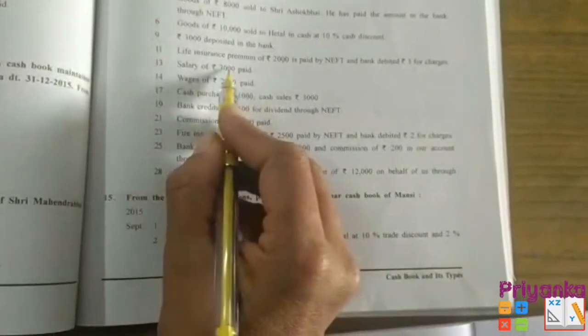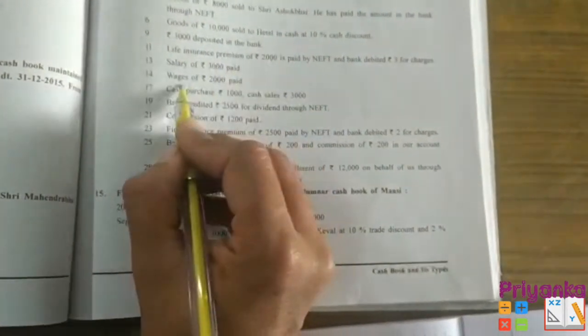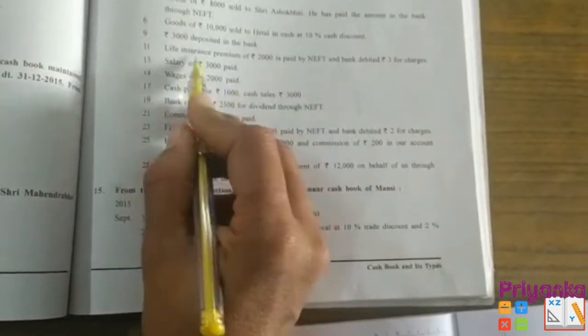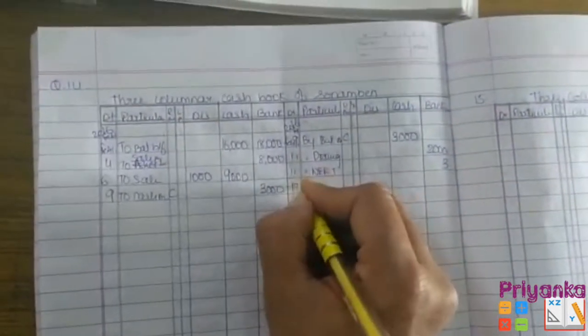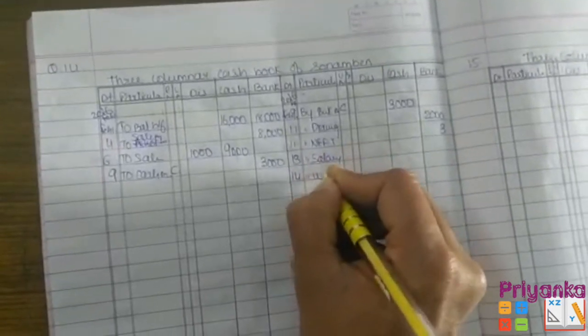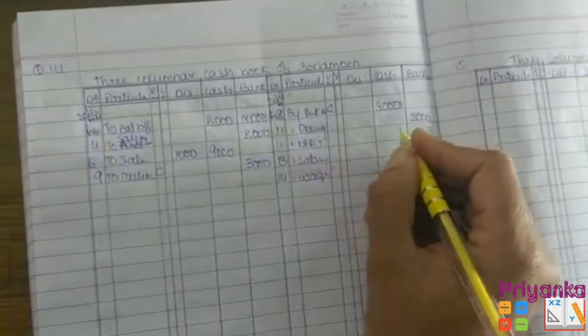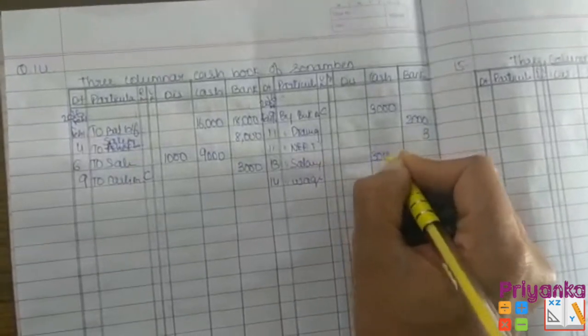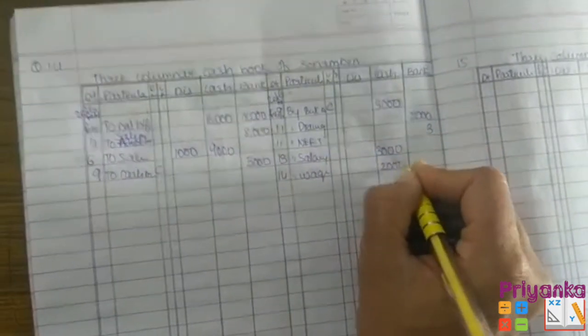Next, salary of rupees 3,000 paid, wages of rupees 2,000 paid. Both are going through cash. 13 and 14, salary, and the other one is wages. Salary 3,000 has been paid and 2,000 wages.